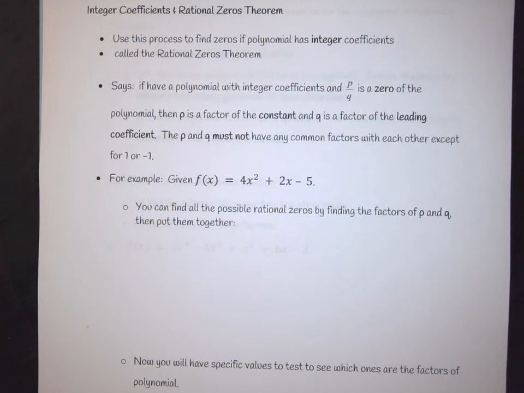In order to do that, essentially what we do is we have to find what's called your P's and Q's. A polynomial with integer coefficients will have P over Q as a zero as long as P is a factor of the constant and Q is a factor of the leading coefficient term.